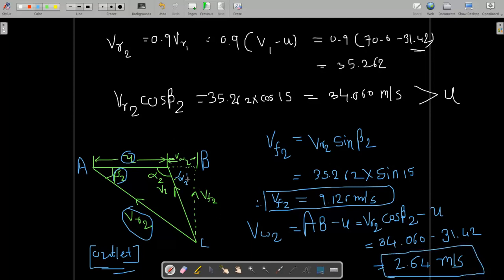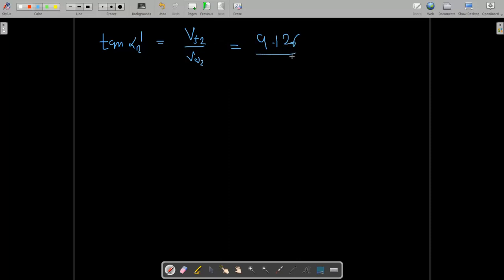Now from this I can write tan alpha 2 dash. It is VF2 by VW2. VF2 is 9.126 divided by 2.64.